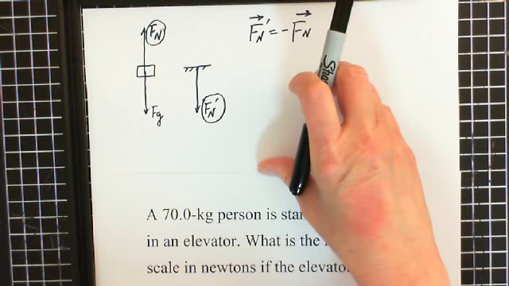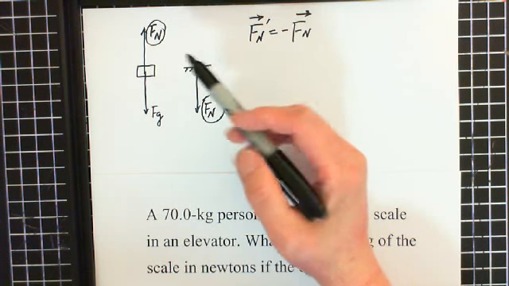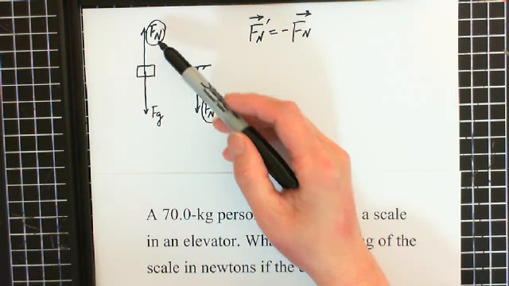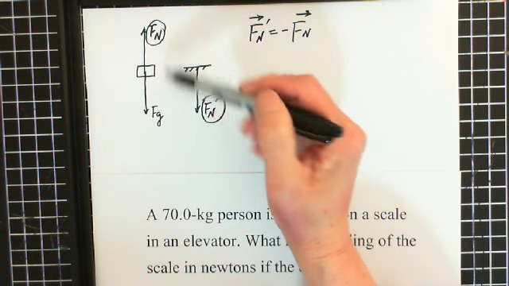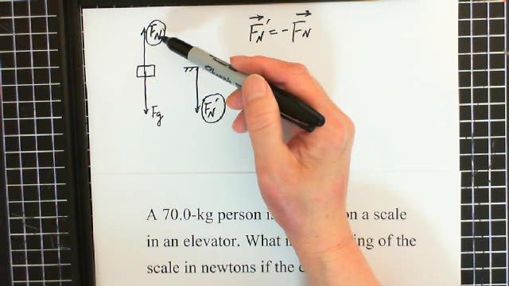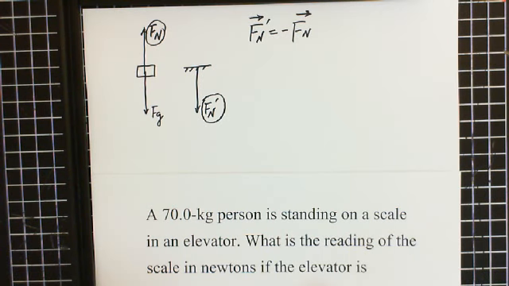So looking for the reading on the scale, F normal prime is actually the normal force. From the free body diagram for the person, there are two forces: Fg and the normal force. Question A is moving downward at a constant velocity.